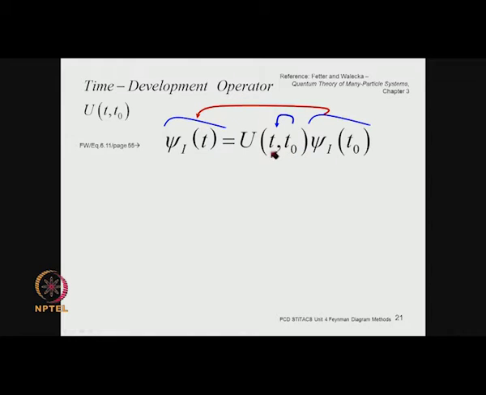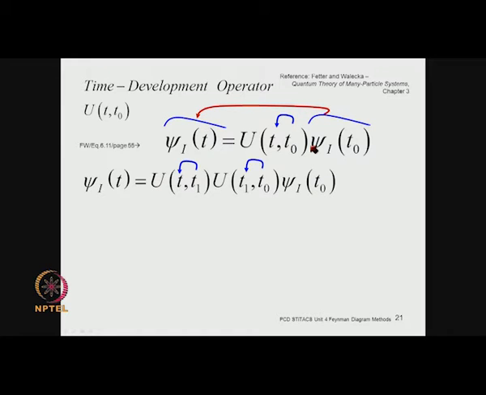So, this is the time evolution from the time t0 to the time t, and this is the result of the time evolution operator, and its properties are quite familiar to you because you can carry out a transformation from t0 to t through an intermediate instant of time t1. So, first look at the evolution from t0 to t1 and then the evolution from t1 to t. So, you can have a cascading effect like this. This is an essential property of the time evolution operator.